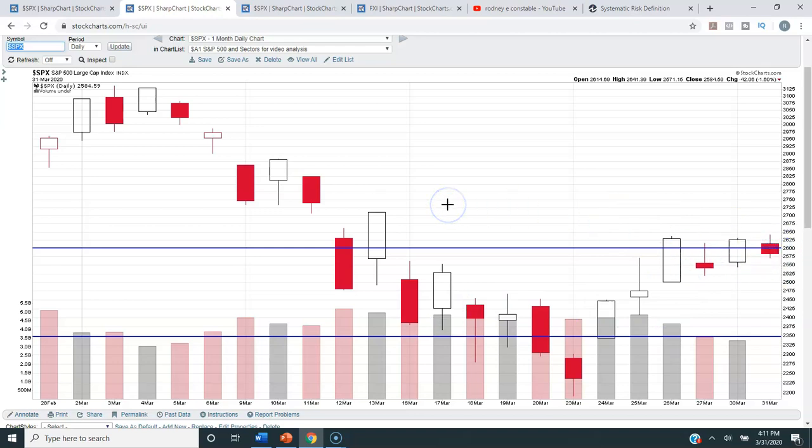But the other thing I want to point out here is that we've only had 3 closes above the 2600 level over the last couple of weeks. And a lot of people are saying we bottomed here on March 23rd.